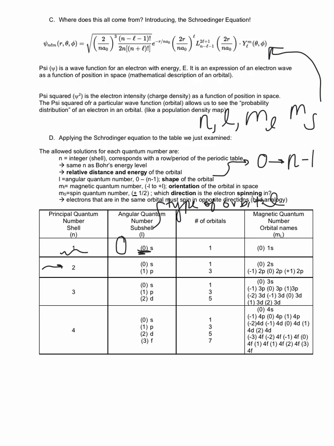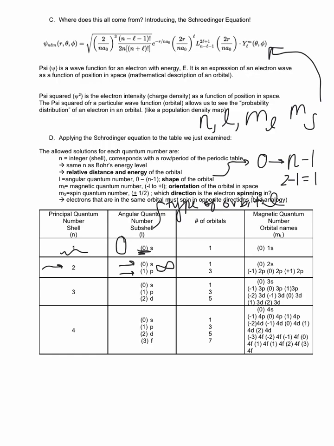We start with 0, so we're still going to have an s, and we're going to have an s in every single n. But we also have the option of 2 minus 1, which equals 1. And an angular quantum number of 1 corresponds to our p orbital, which has that nice infinity shape to it.